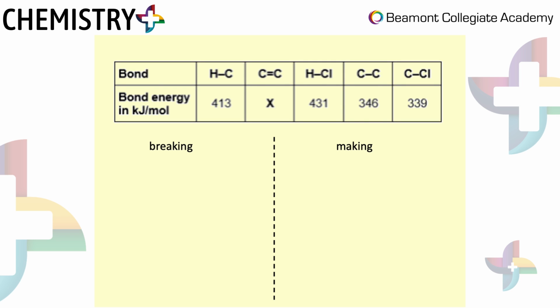So now let's use the data that we've been provided. So we had 4 times HC on this side, on the breaking side. 413.